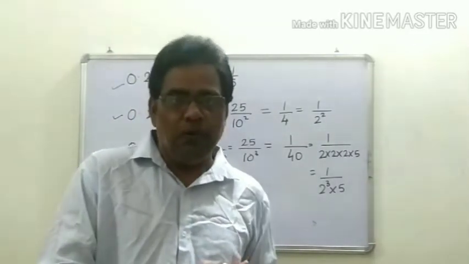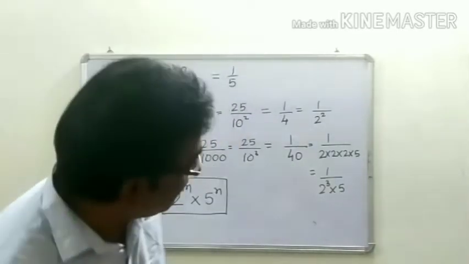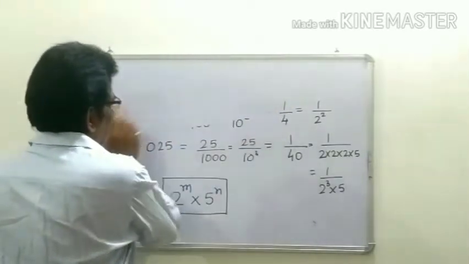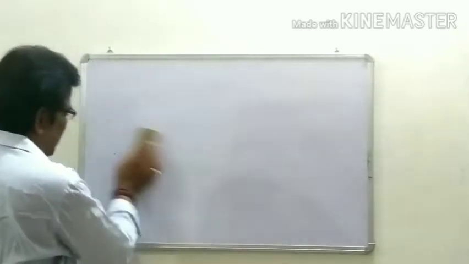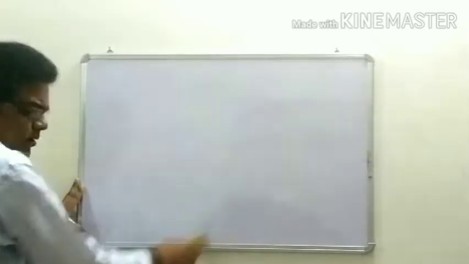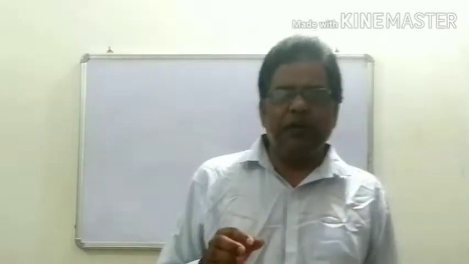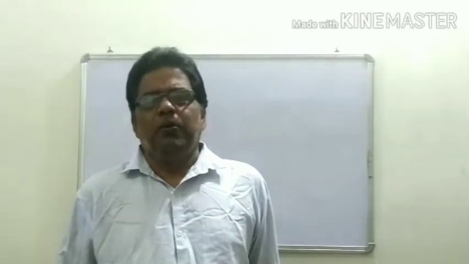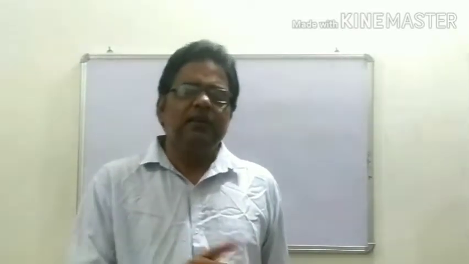Now this is one way. Now let us consider it the other way. I will take some questions. Here you are given a decimal expansion, and you saw that if it has 10 or powers of 10 in the denominator, then that will be terminating.